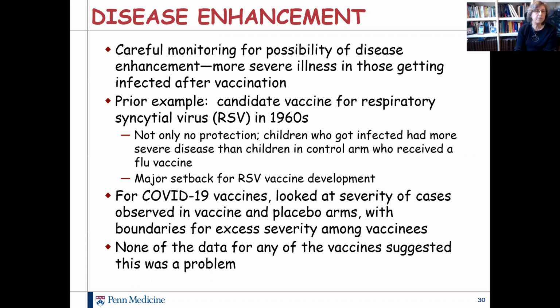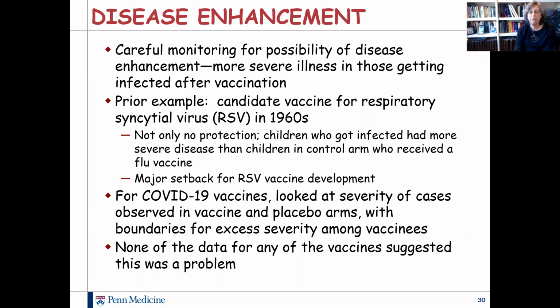Probably the most well-known example was a candidate vaccine for respiratory syncytial virus back in the 1960s, where it was shown that not only did the vaccine not protect children from infection with RSV, the children who got infected had more severe disease than children in the control arm who received a flu vaccine. This was such a huge setback for RSV vaccine development that we still do not have RSV vaccines.